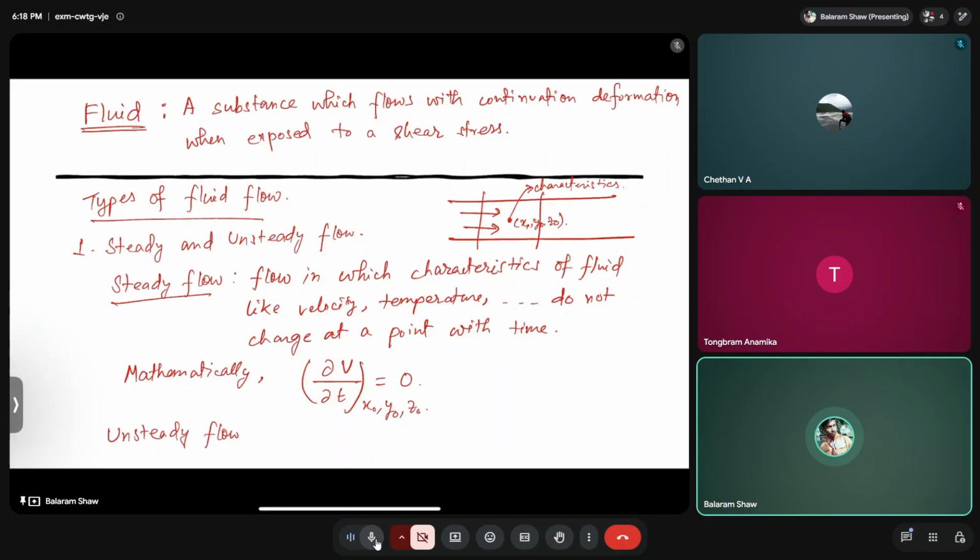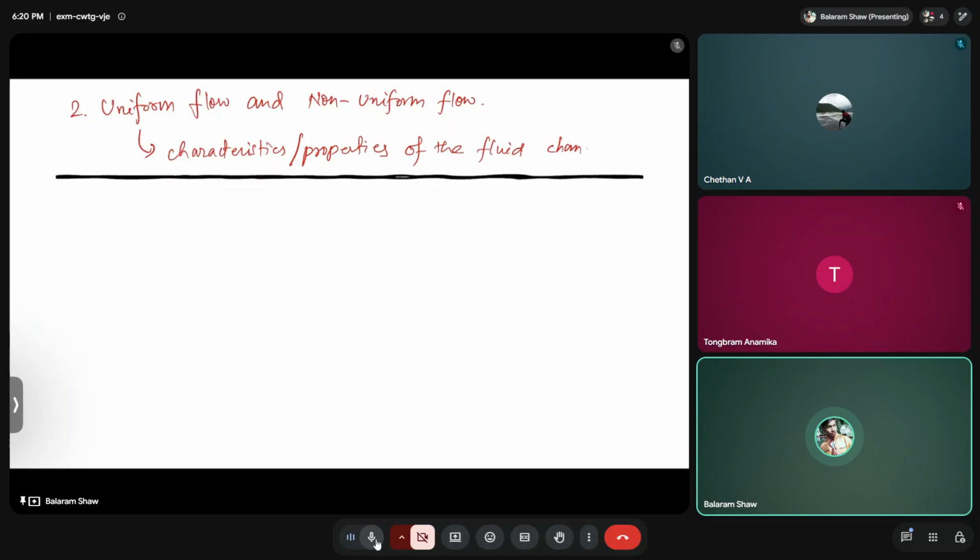Uniform flow is the flow in which the characteristics or properties of the fluid, like again velocity, pressure, temperature, etc., change with respect to time, but do not change with respect to position. Okay, there is a small correction here.